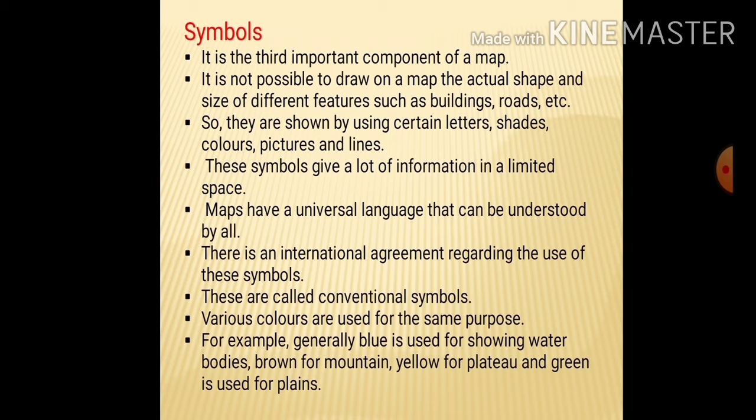Maps have a universal language that can be understood by all. The map's language is called universal because it can be understood by all, even if you don't know the local language. The symbols used in the map are the same throughout the world, and the directions mentioned on the map also do not change in any country.